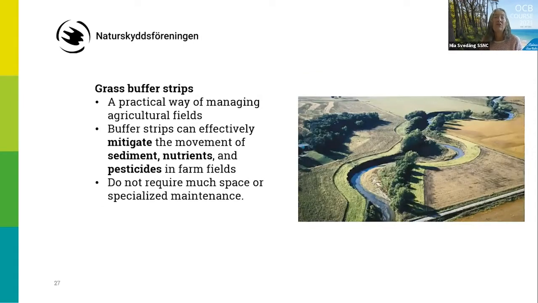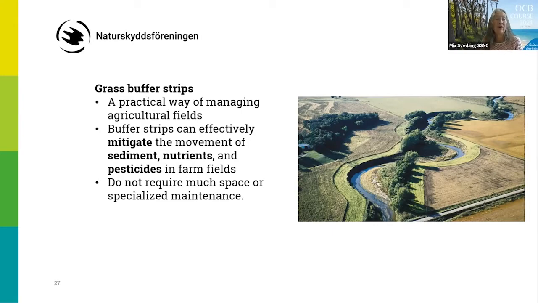And then you can use grass buffered strips along fields to reduce the leakage. It's a practical way of managing agricultural fields, and buffered strips can effectively mitigate the movement of sediment, of nutrients and also pesticides in farm fields.